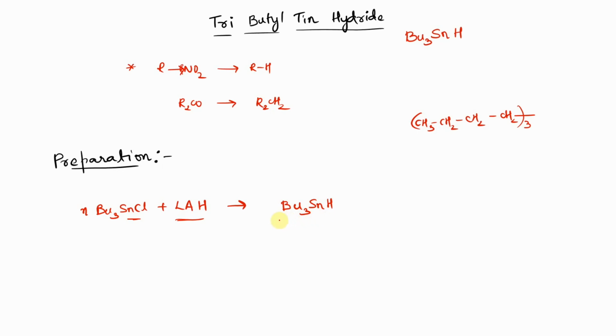Now, what are the applications of tributyl tin hydride? As I already said, it is used for converting alkyl halide to alkane. It is the first type of conversion which is basically used. The second type of conversion is that it converts an RNO2 group, that is a nitro group, to alkane.